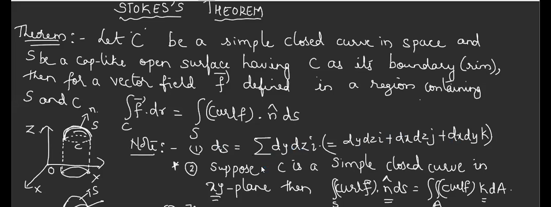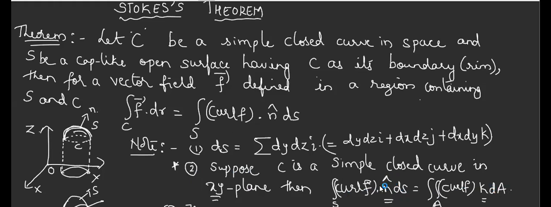Second point is very important. Suppose we are dealing with a simple closed curve C lying only in the xy plane. That means what is the contribution of z here? If you take only the xy plane, z is 0. So that time you can write curl F dot n cap dS as curl F dot k dA.